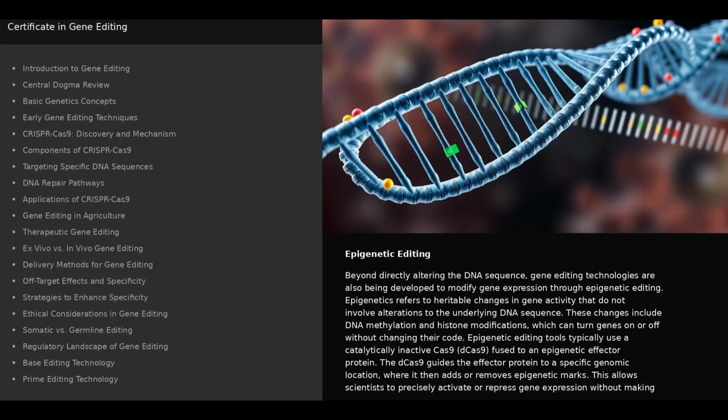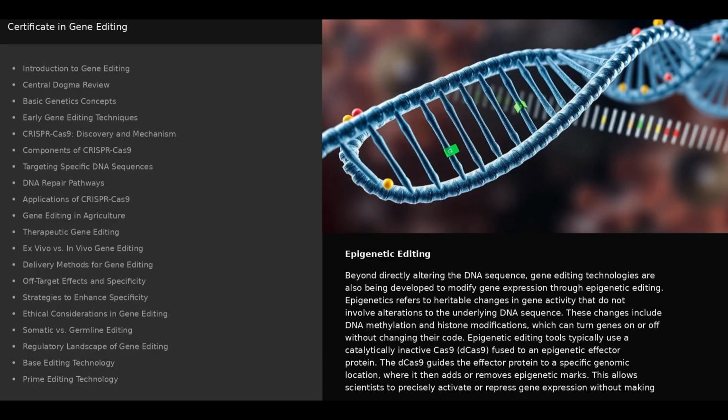Epigenetic editing. Beyond directly altering the DNA sequence, gene editing technologies are also being developed to modify gene expression through epigenetic editing. Epigenetics refers to heritable changes in gene activity that do not involve alterations to the underlying DNA sequence. These changes include DNA methylation and histone modifications, which can turn genes on or off without changing their code.